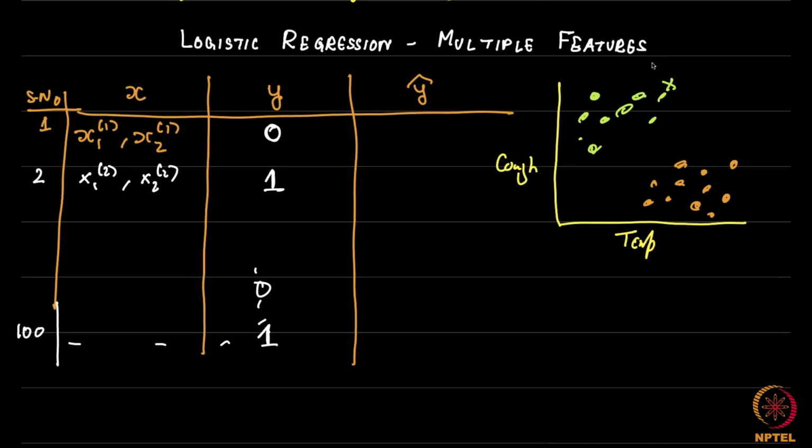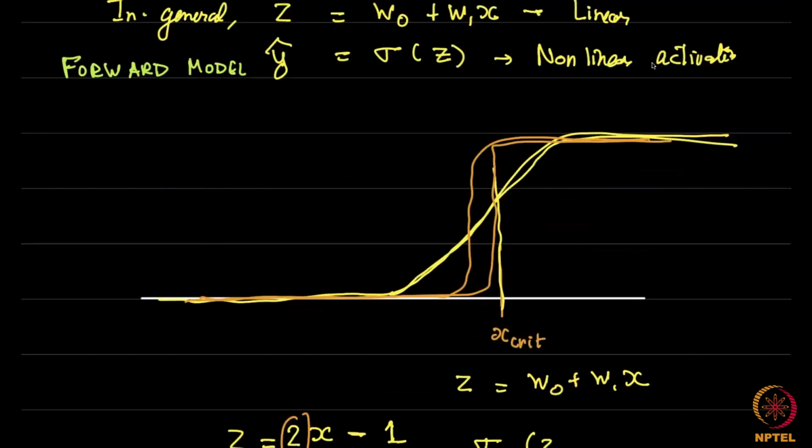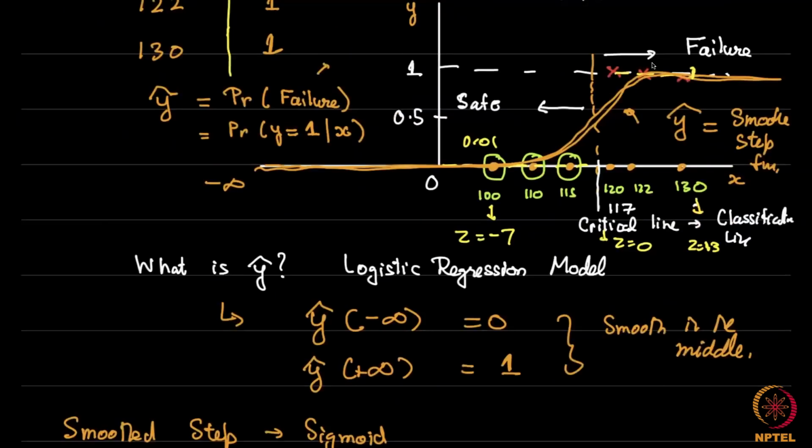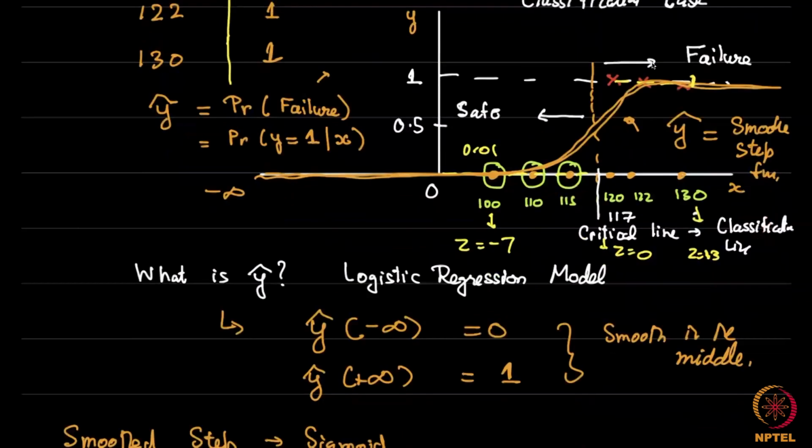Now, coming back to this, notice that in this case, we can think of a line here, which I'm going to call the classification line. This is very much like the classification line I drew right at the beginning. On one side of it, we had all the failure cases, and on another side, all the safe cases.